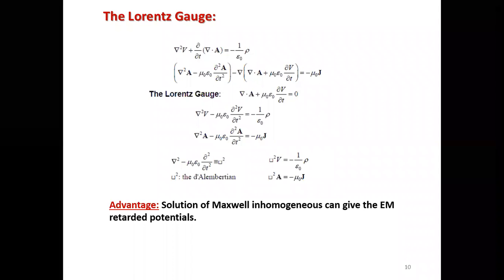So now, if we talk about the non-relativistic case, A and V are the simple electromagnetic potentials. But if the charged particle is moving relativistically, what will be the electromagnetic potentials?